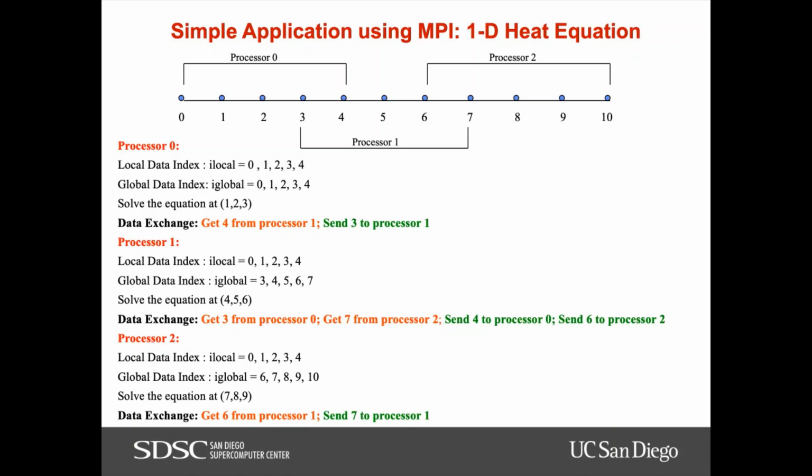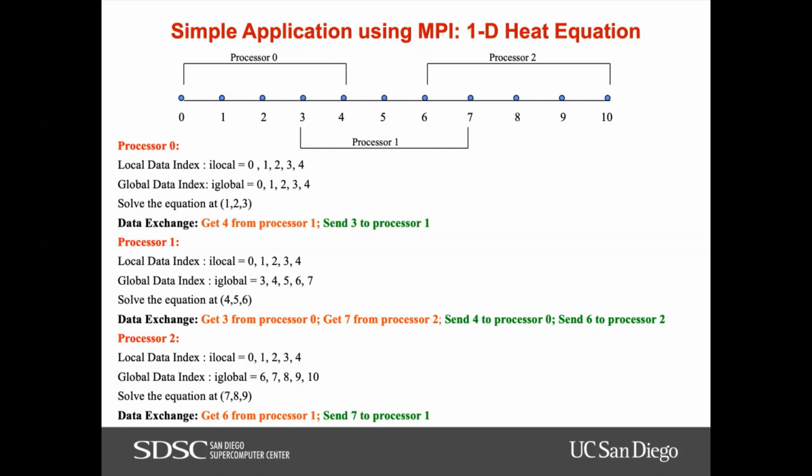So you send the value at 3 to processor 1 from processor 0, and then get the value of 4 from processor 1 back to processor 0. So basically, you start with the initial conditions, compute all the internal points, and then exchange the boundary overlap points, and then go to the next step and do it again.